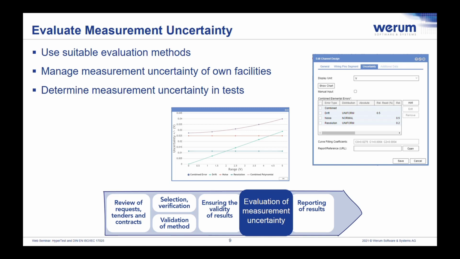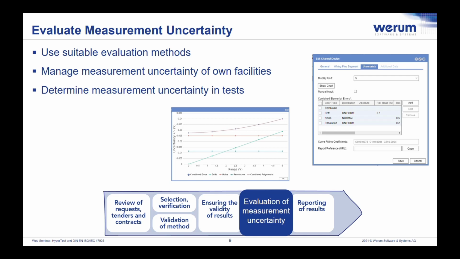HyperTest also supports the possibility to define the measurement chain as a group of resources so that a predetermined measurement uncertainty can be defined for the whole group. This way, the same group can be reused for several tests and the measurement uncertainty is already known.